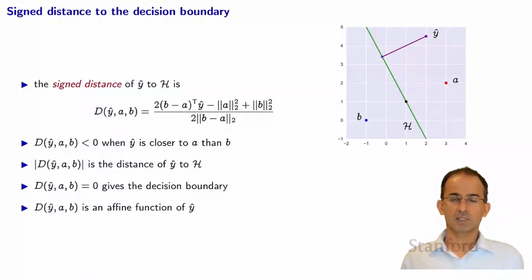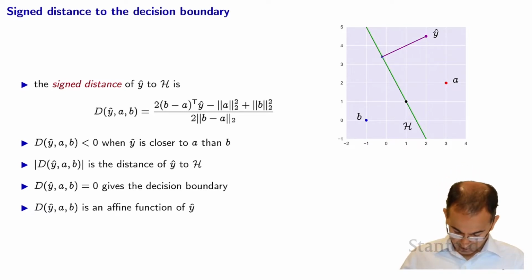Now, we can use this analysis to construct a notion of signed distance from the hyperplane H. So the hyperplane H is here.